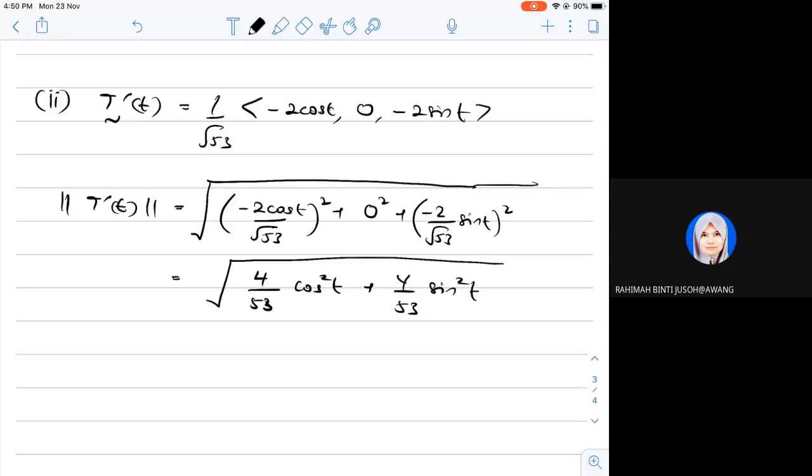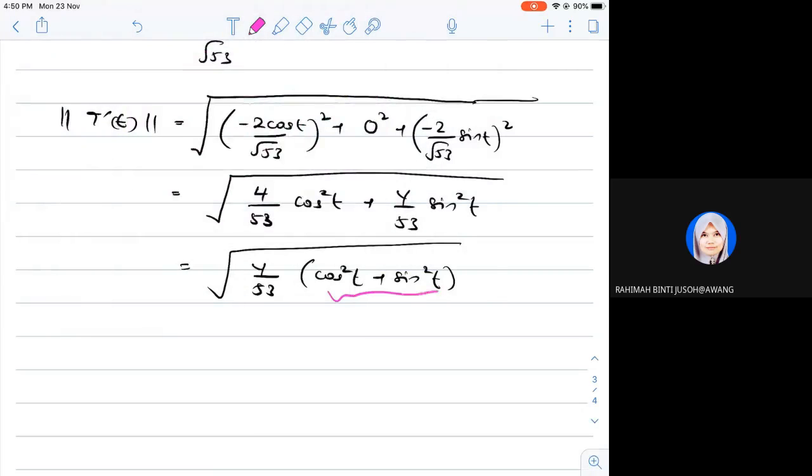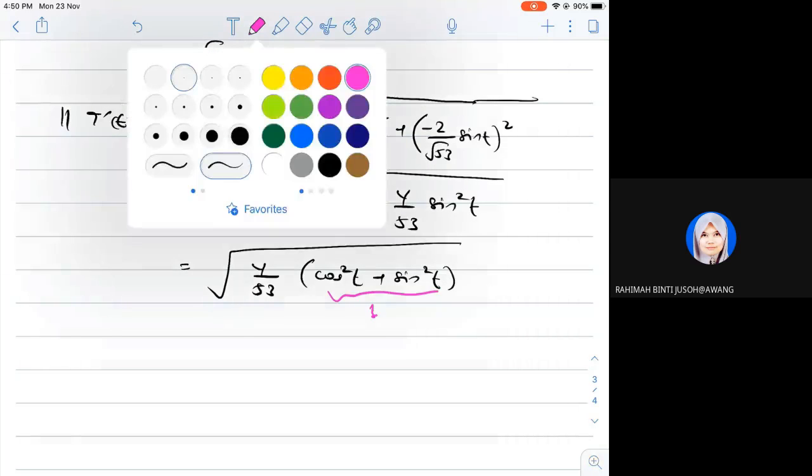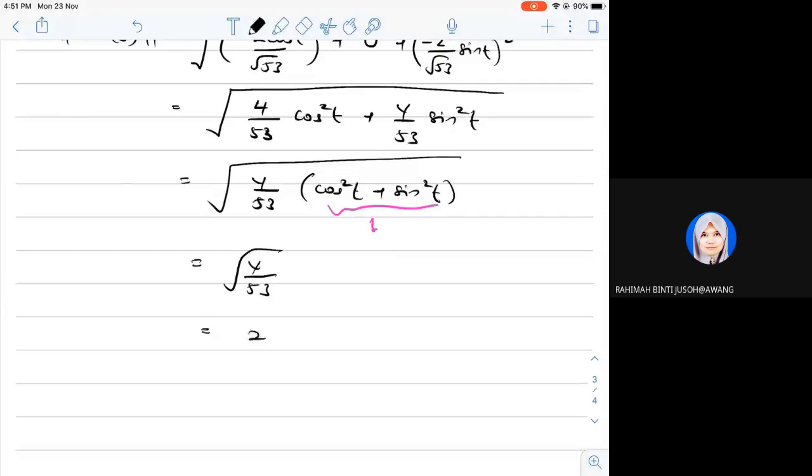Again, guys, if you factorize this, cos squared t plus sin squared t is equivalent to 1. So we have the square root of 4 over 53, which is equivalent to 2 over square root 53.